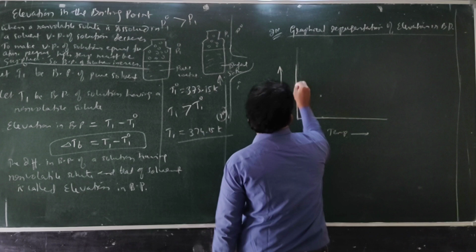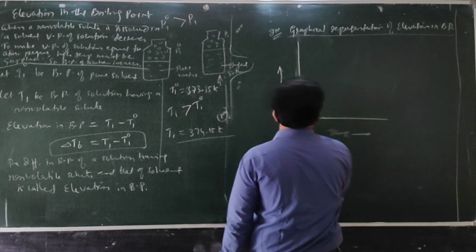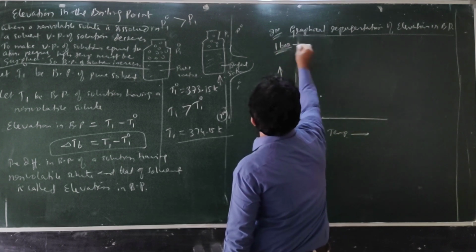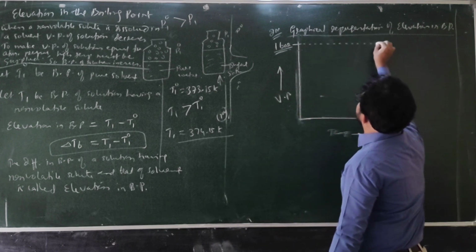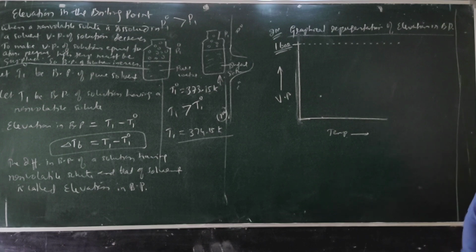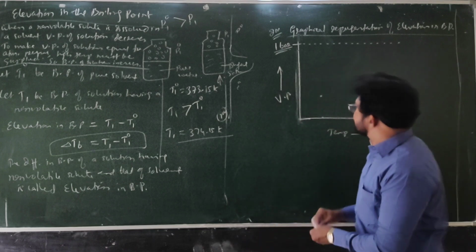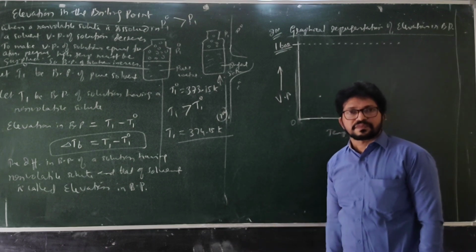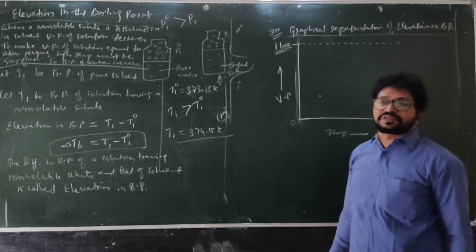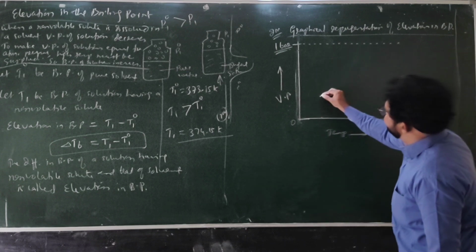I will mark the atmospheric pressure. This is 1 bar, and any liquid that crosses this mark must become gas or vapor, because it is the boiling point. This is 1 bar, which is 760 millimeter of mercury, and also 1 atmosphere. Go on increasing the temperature.